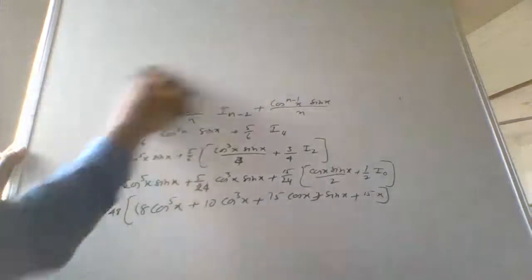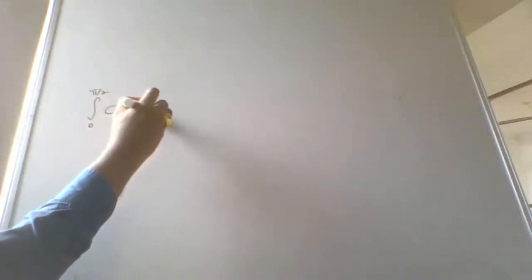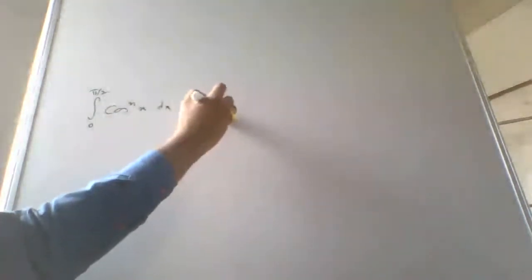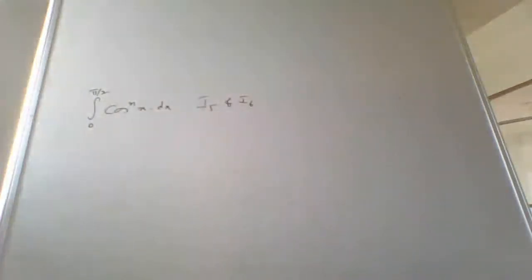Let me try to solve this. If I have the integral 0 to pi by 2 of cos power n x dx, let us evaluate what is I5 and I6.